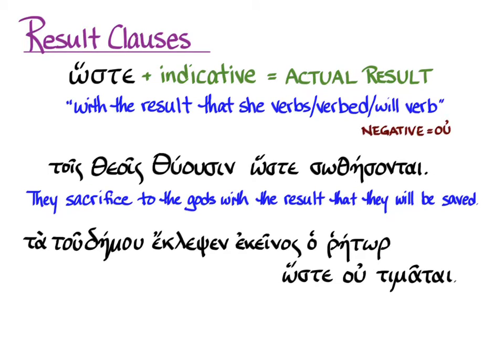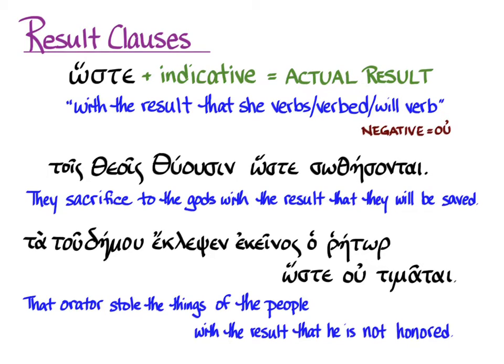So you can see the main clause there again before the hōste. That public speaker, that orator, stole the things of the people, ta tou dēmou. And what's the result? Hōste. Ooh, we're going to find out what happened. And the result is that he is not honored, with the result that he is not honored. So a couple of pretty simple, straightforward actual result clauses.